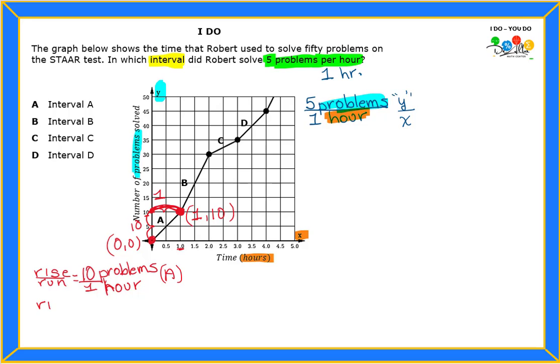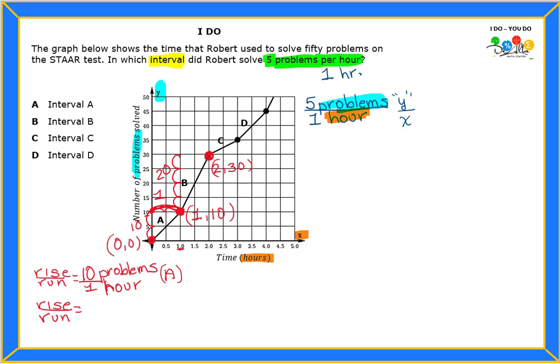So let's do the next one. I'm gonna do still rise over run, and now I'm gonna go from the point 1, 10 to the other point here, which is coordinates 2 and 30. Very good. Same thing, I'm gonna go up, and don't count by ones, please, count by fives. 5, 10, 15, and 20.